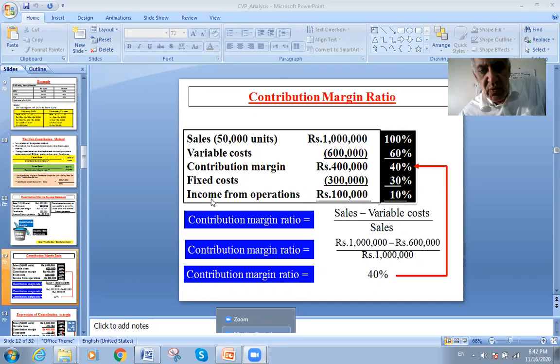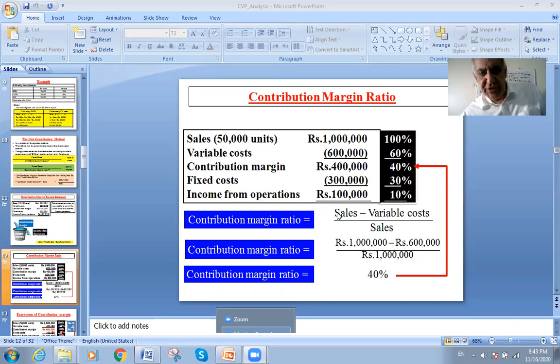At the end, we will have an income from operation of only 100,000. So we deducted the variable costs and the fixed costs, 600,000 and 300,000, which are 900,000, from the sales, which is 1 million, and we got the income from operation.